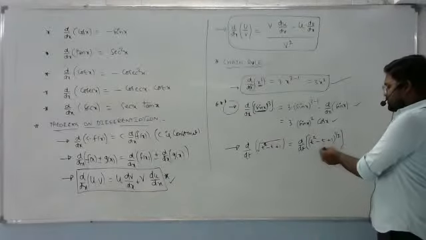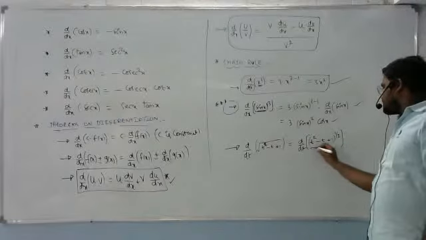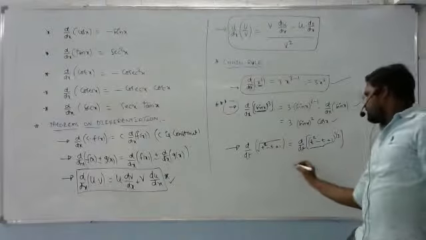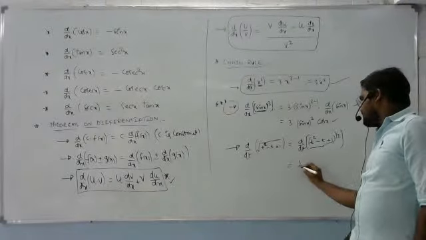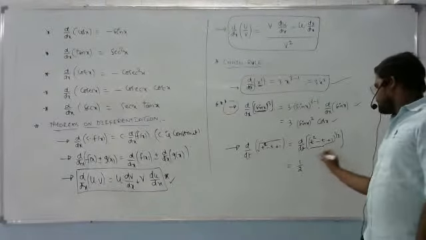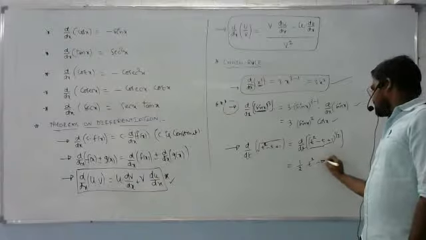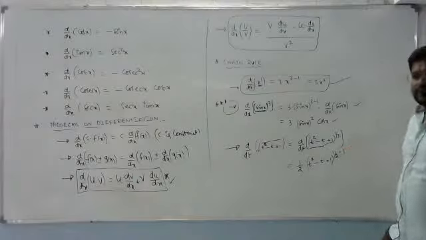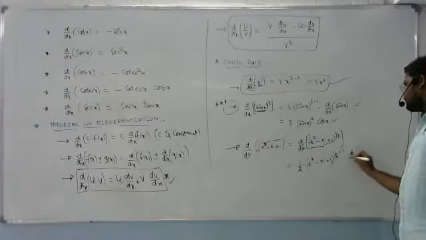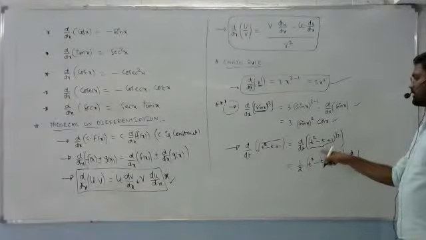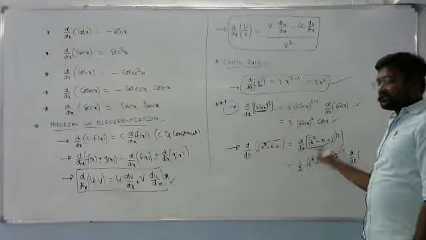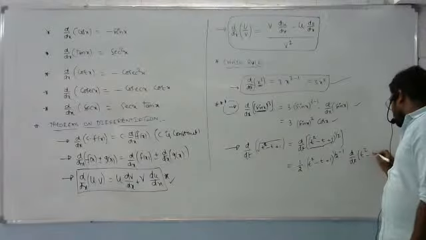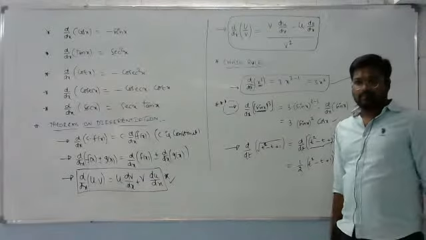Now I am just converting this one into x power n. This total thing is like x now. I hope you are following this chain rule. What is the formula? n into x power n minus 1, so 1 by 2 into (t square minus t plus 1) whole power n minus 1, into differentiation of x. I told you, whatever function is there, you have to multiply with the differentiation of that function, which is t square minus t plus 1.